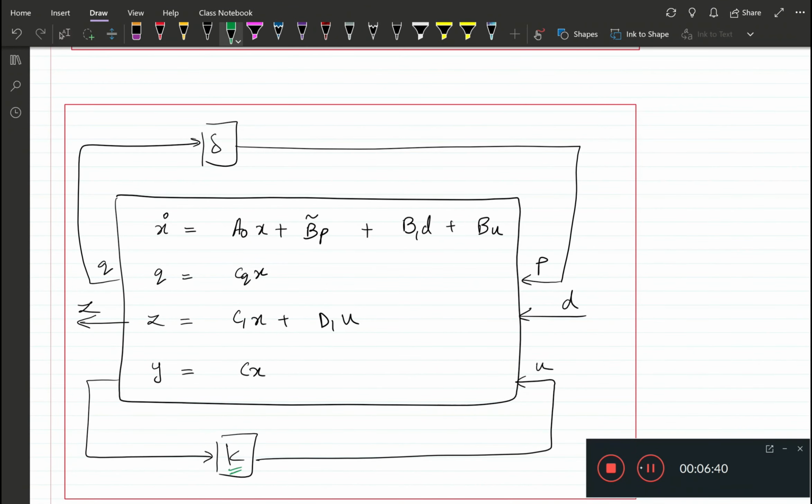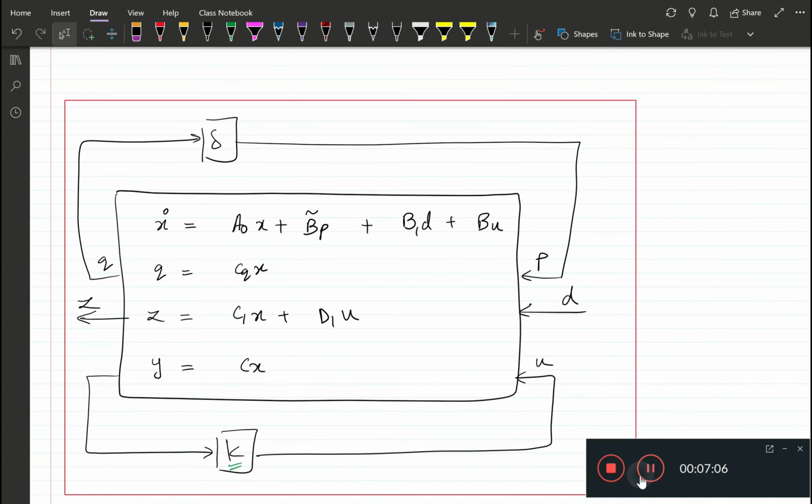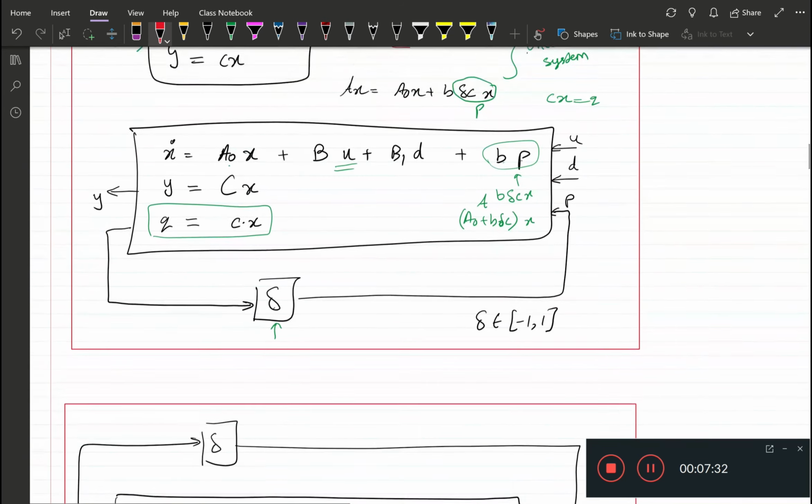So we have x dot as A0x plus BU plus B1D plus B tilde P. Let's call this BP so that we know what we're talking about, in accordance with the notation CQ. For our problem, BP is in fact the column vector B, and CQ is in fact the row vector C that we just saw above.